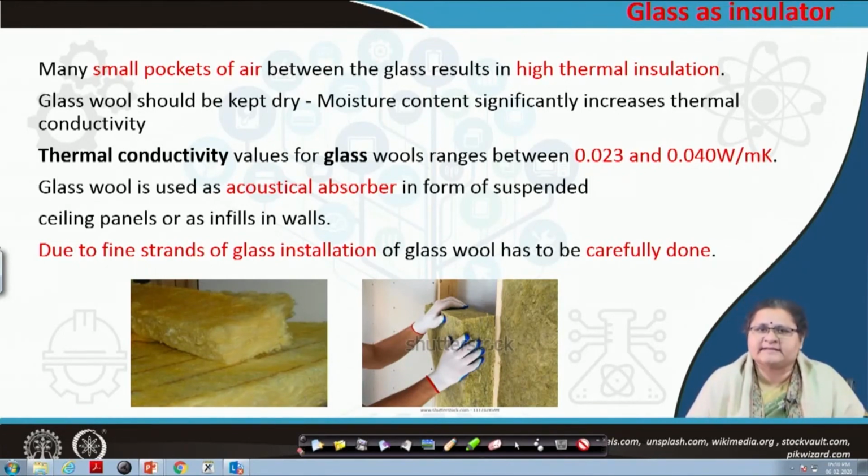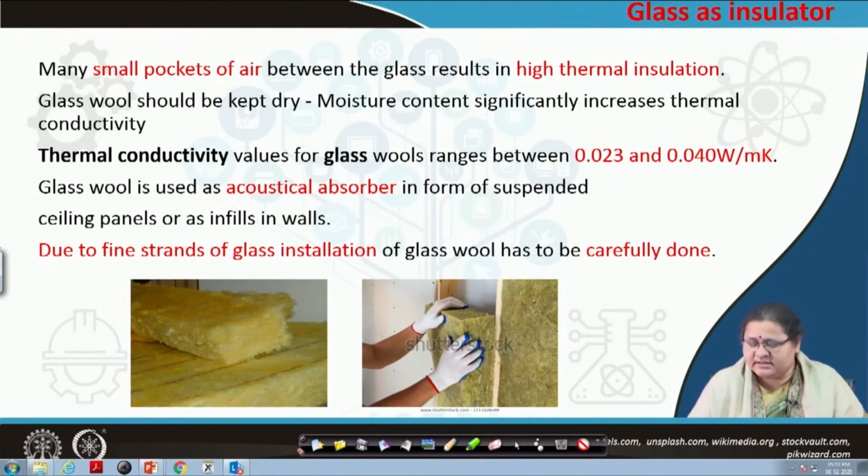It also acts as an acoustical absorber. And you can see here the values. Thermal conductivity value of glass wool is of the order of 0.023 to 0.04 watt per meter Kelvin. This can be used for acoustical absorbers also in forms of infills in walls or ceilings.